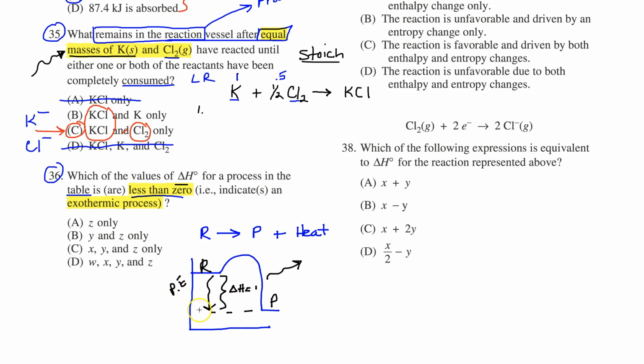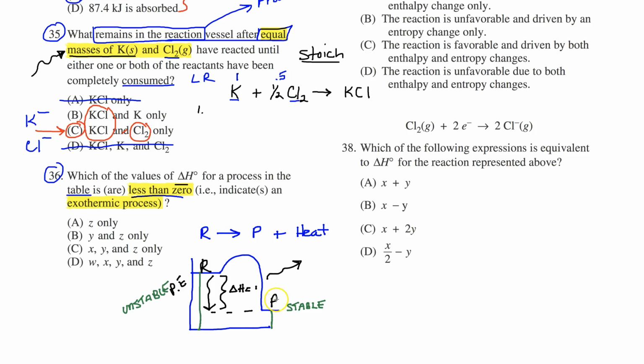So we're going from a system that is unstable with high energy to a system that is stable. And how do I know it's stable? Over here, because it's low energy. We're moving from a system that has a lot of stored energy inside to a system that has a little bit. Remember, this value here is the amount of potential energy in the reactants, and this value here is the amount of potential energy of the products.